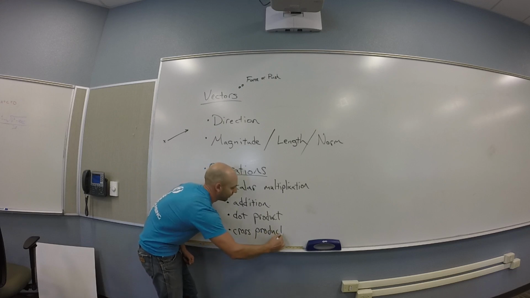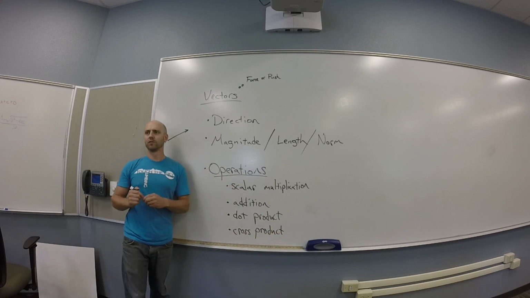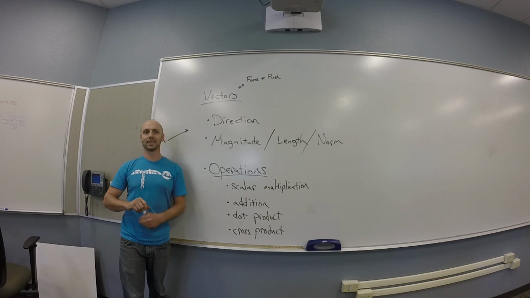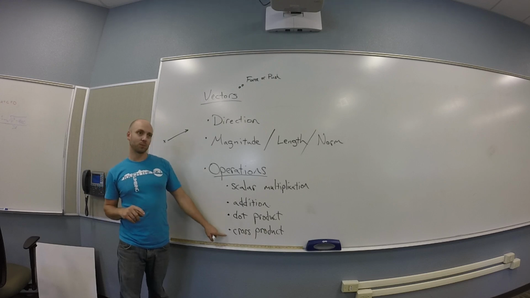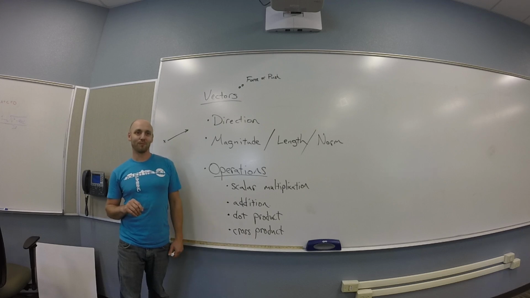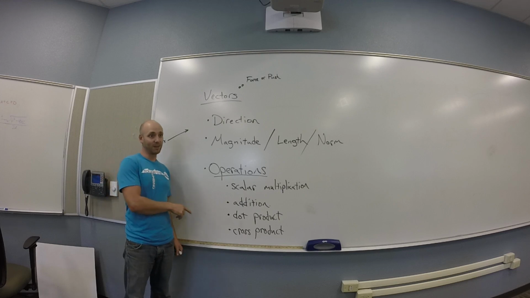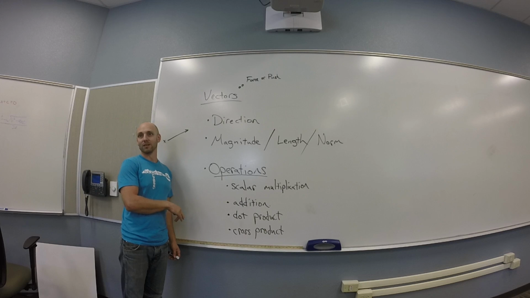Have you guys had a little bit of vectors before? Yeah. Show of hands for anybody who has not had vectors. Okay, there's a couple. All right, so dot product and cross product are a little bit like the idea of multiplication, except they're not multiplication. It should be noted that there isn't a convenient way to define multiplication for vectors, so let's not sweat it, okay?